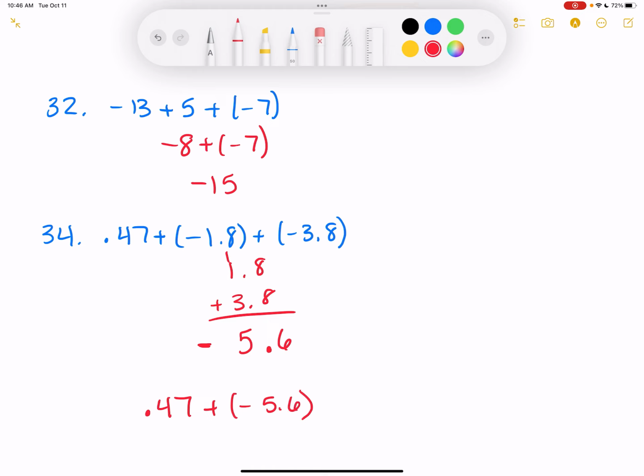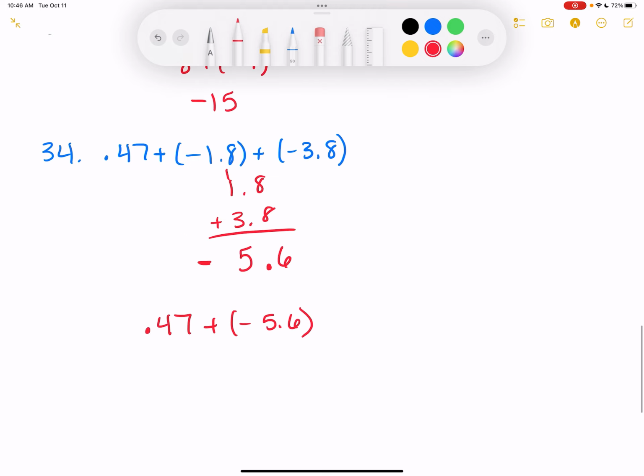Now what? What's true about those two numbers? One's negative and one is positive. So what does that mean that I do? Yep. Subtract the smaller number from the bigger number. Okay, and then we keep the sign of the bigger number.